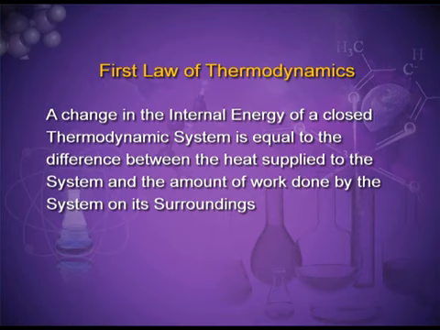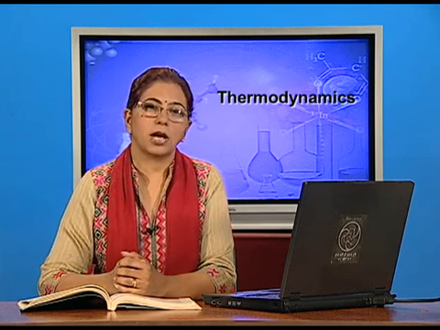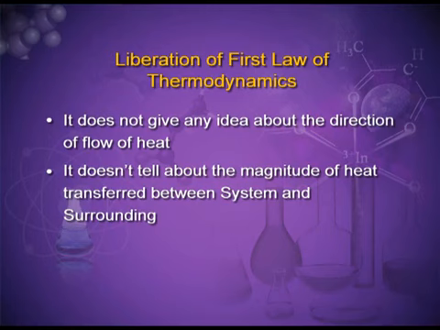Mathematically, the first law is delta U is equal to Q plus W. By the first law of thermodynamics, we can say that energy can neither be created nor destroyed. The first law of thermodynamics does not give any idea about the direction of the flow of heat. It does not tell about the magnitude of heat transferred between the system and the surroundings.